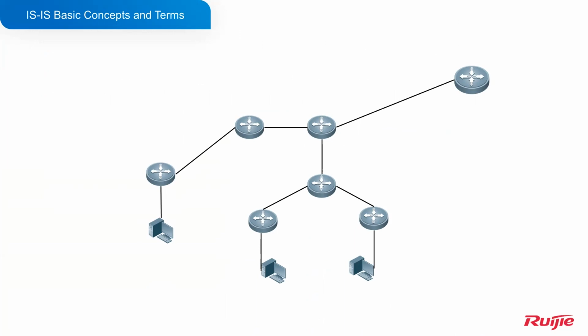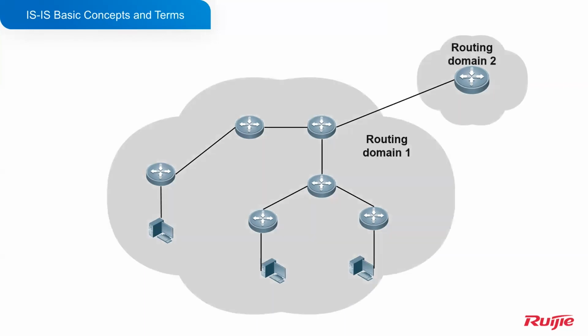In a real network, your devices will be more than here, and you will also have lots of layer 3 switches, but it doesn't matter. For example, here is a topology shown for you. If you deploy ISIS, there are some basic concepts, like you can divide the whole network into different routing domains.